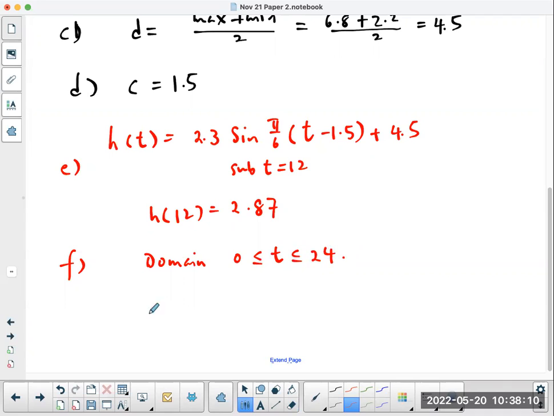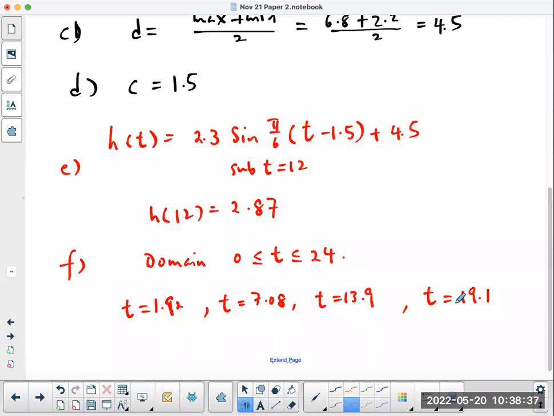Okay, and there are 4 solutions. About 1.92. About 7.08. Here about 13.9. And the last one, that's about 19.1.